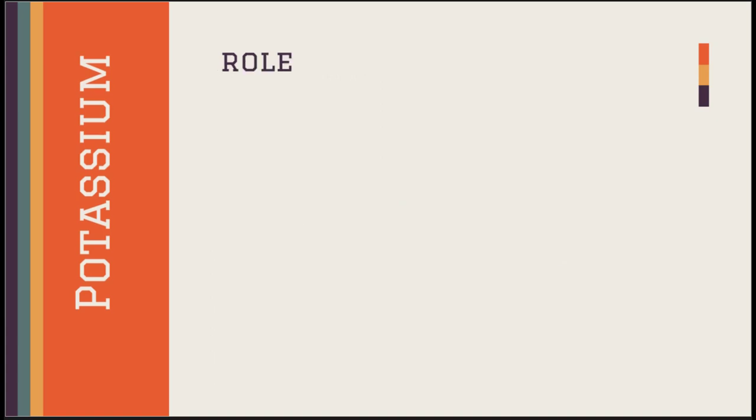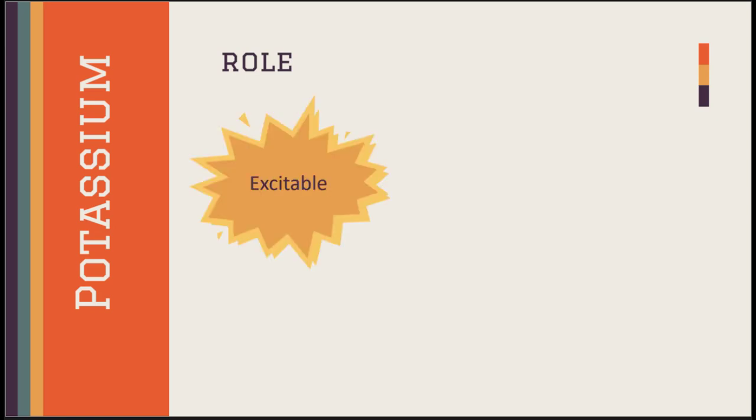So now let's review what is exactly the role of potassium in the body. Well, potassium has several different roles, and some of them include maintaining fluid volume, pH balance, and protein synthesis. But the main function that you should focus on is the role that it plays in excitable cells. These cells include neurons and muscle fibers, and those muscle fibers are smooth, cardiac, and skeletal.